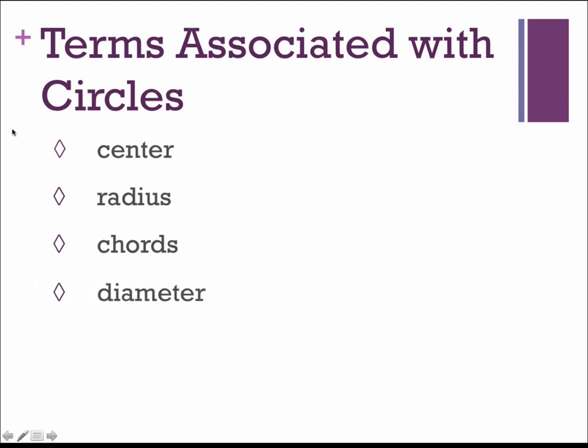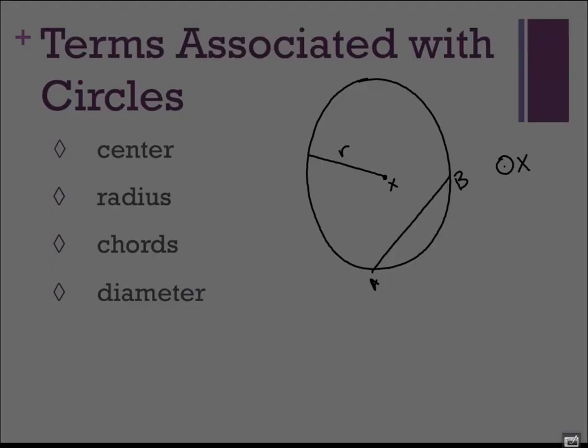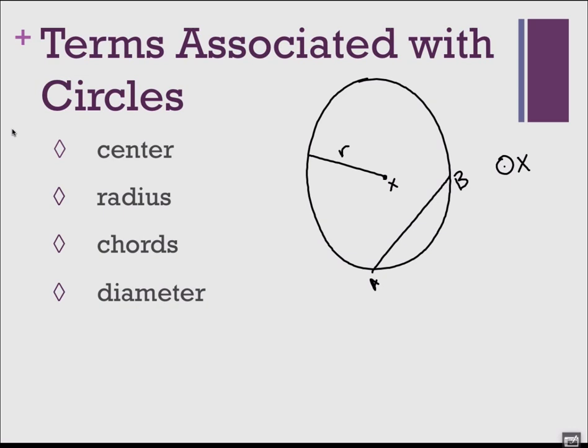What's a diameter? Whoa, screen just went dark. I think I'm blind. There we go. What's a diameter? Subash. A line segment that goes through the center to the points of the circle.